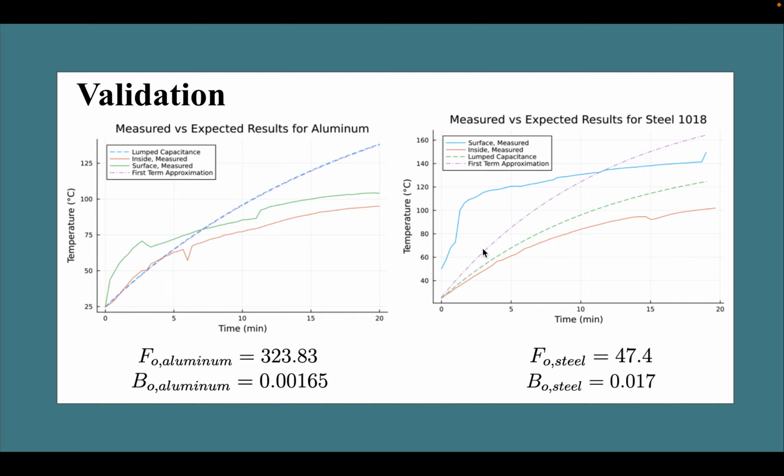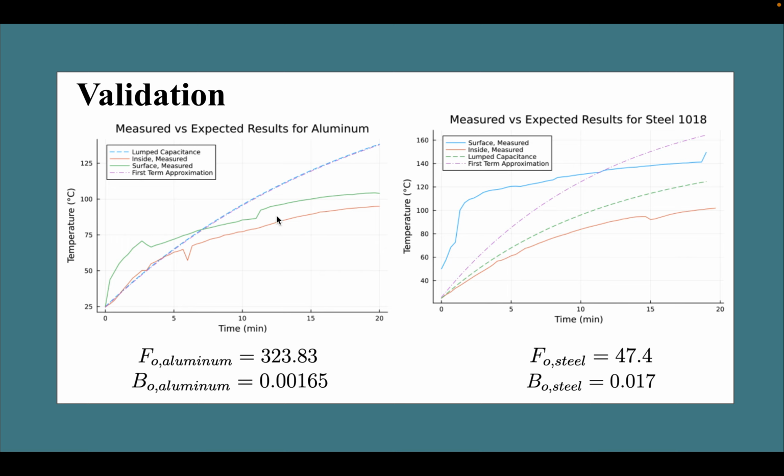And then the first term approximation matches the surface temperature, which is also the purpose for that. And so that is consistent. And then on our other one, we had some difficulty approximating the first term approximation, so we ended up just going with the lumped capacitance because we were within parameters on the Bi and the Fourier number.